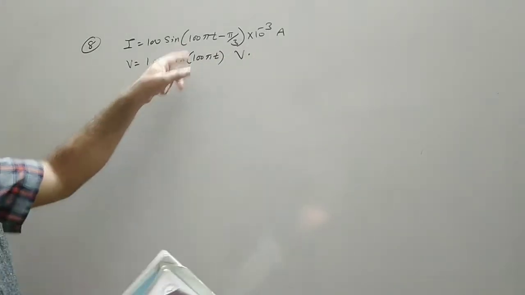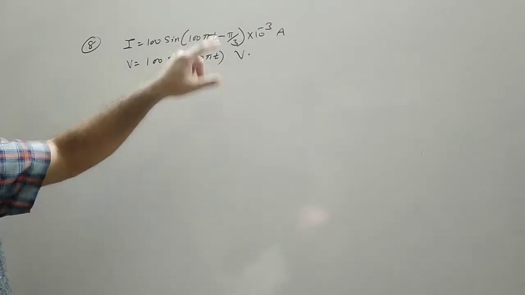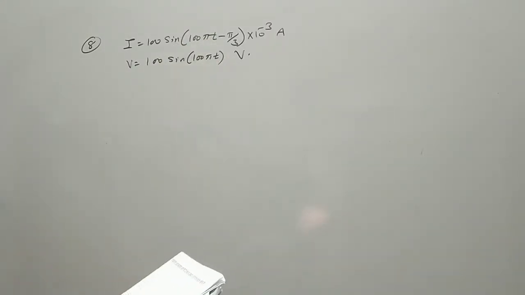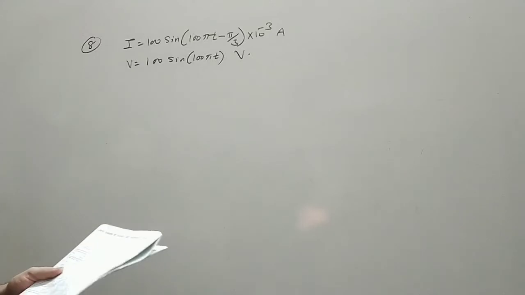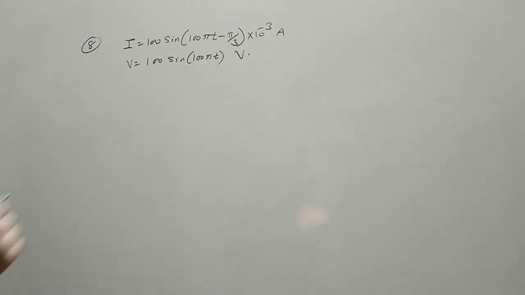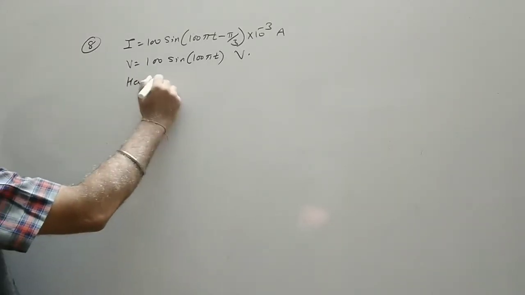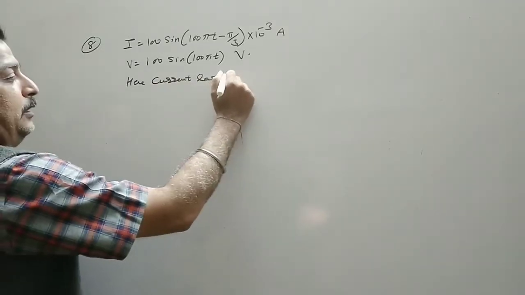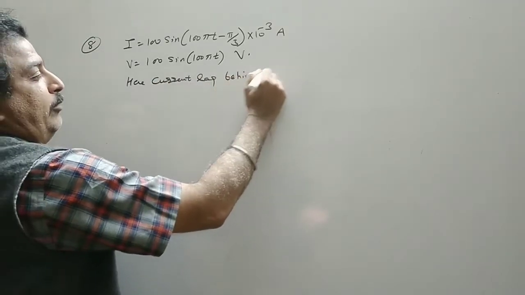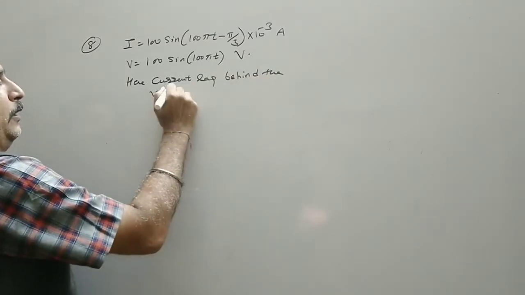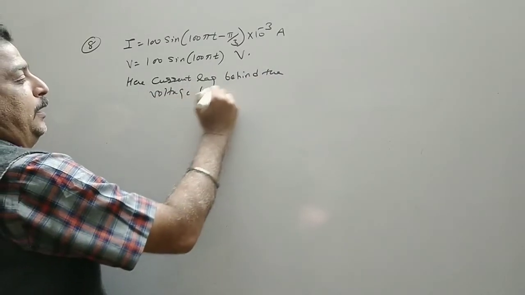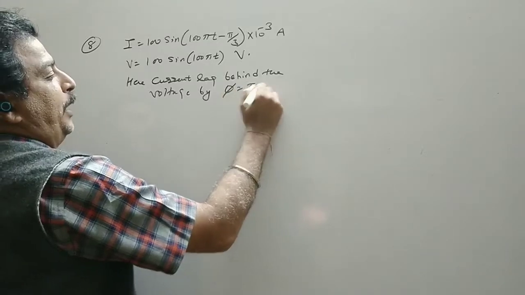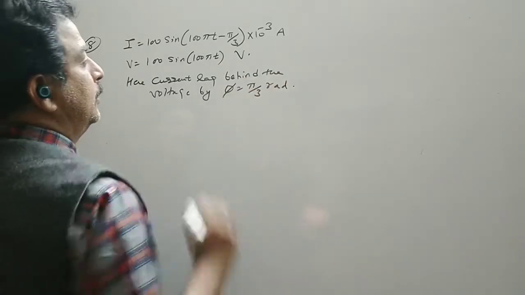Clearly if I compare these equations, the current is lagging behind, so the circuit is inductive. Here current lags behind the voltage by phi equal to pi by 3 radian.